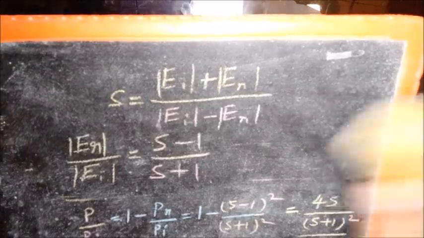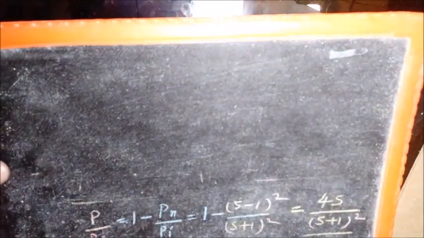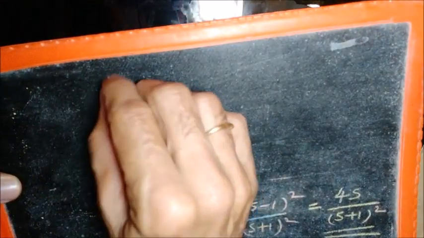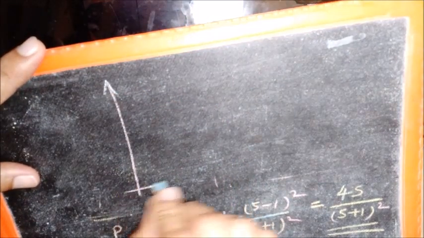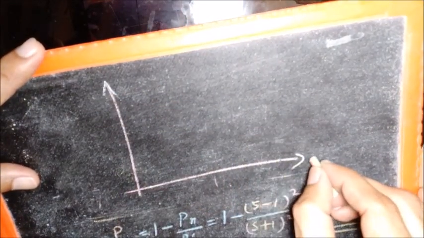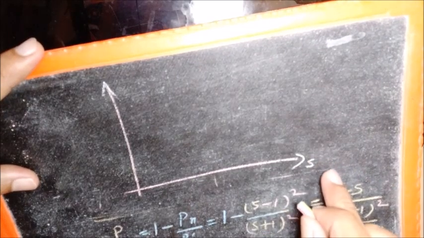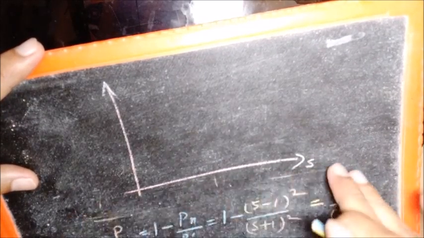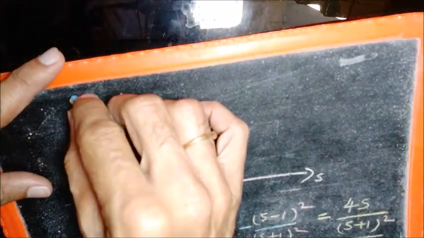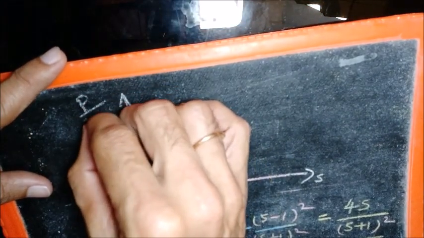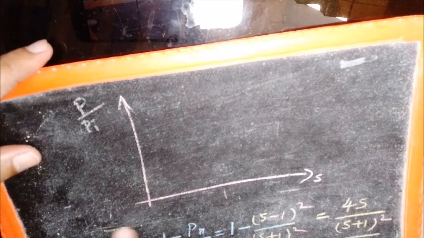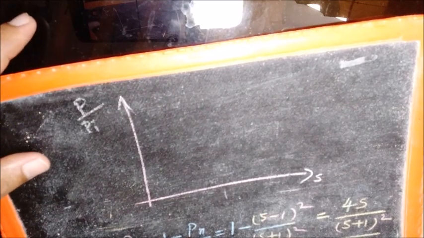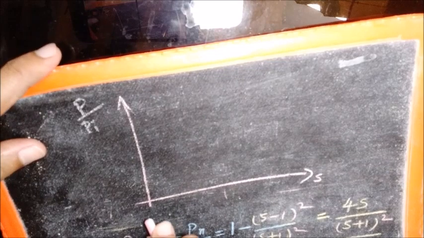Now, just to complete the discussion, we can draw a plot where we have the standing wave ratio along the horizontal axis and P by Pi on the vertical axis. And this plot has to be plotted on a semi-log scale.